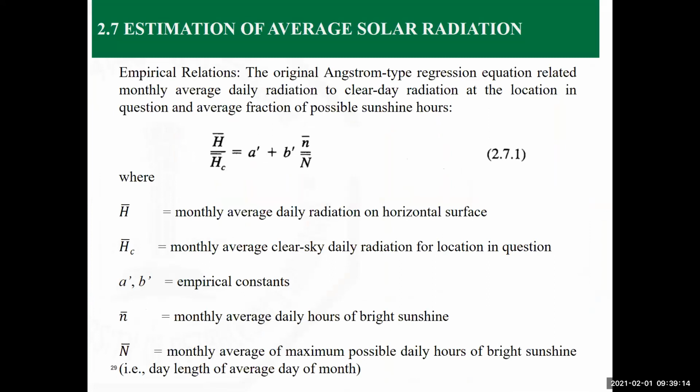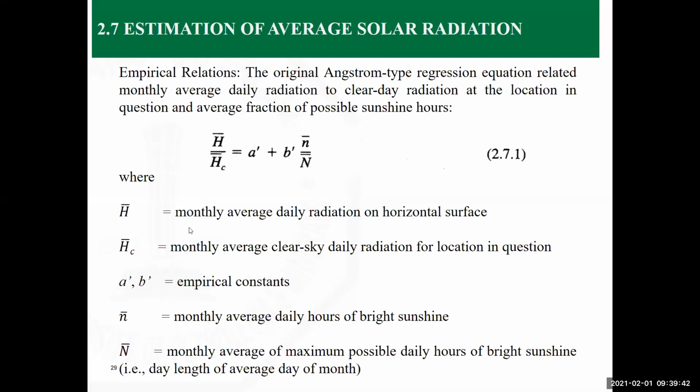This is a sample of an empirical relation. It's called the original Angstrom regression equation, which relates the monthly average daily radiation to the clear day radiation in any location, based on its latitude and altitude.